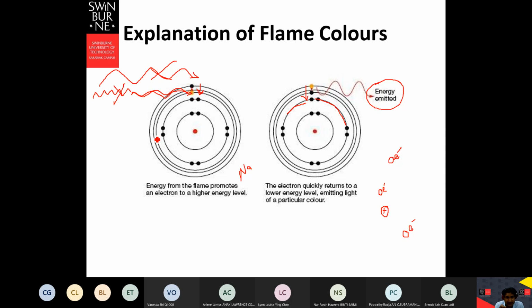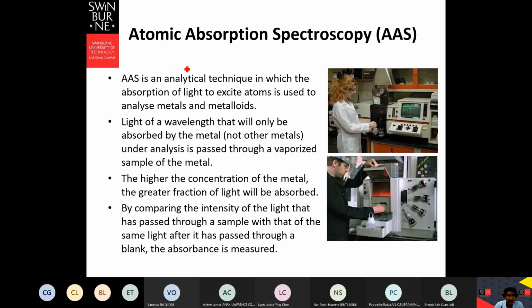If we strike with the exact same wavelength, that sodium will be excited, and if we see some response in that sample, that means we have sodium. If there is no response, there is no sodium in that sample. So this idea came into practice as atomic absorption spectroscopy.